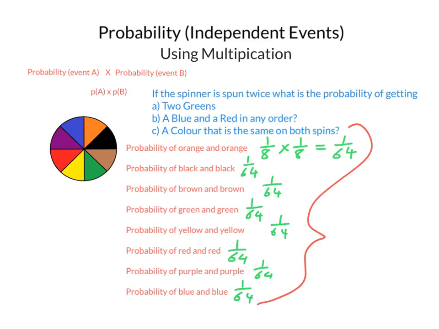So we need to add here. So 1 in 64th plus 1 64th plus 1 64th and so on gives us 8 over 64. And again, we don't leave it like that. We try and simplify. 8 into 8 goes once, and 8 into 64 goes 8 times. So there's a 1 in 8 chance that a colour is the same on both spins.